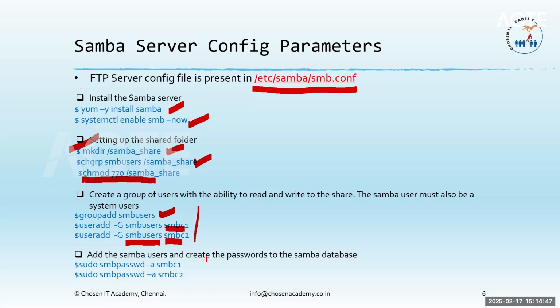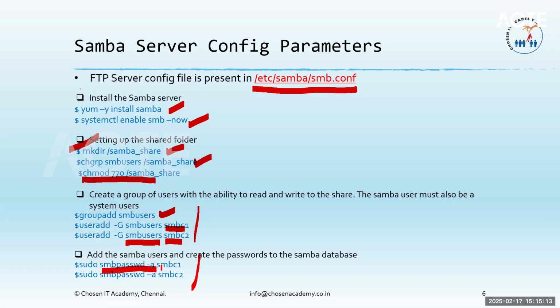And the fourth step is the SMB database. Samba maintains a user database along with its username and password. So we need to sync, or create the database in Samba, and the command to do that is smbpasswd. We can give smbpasswd -a and the username.